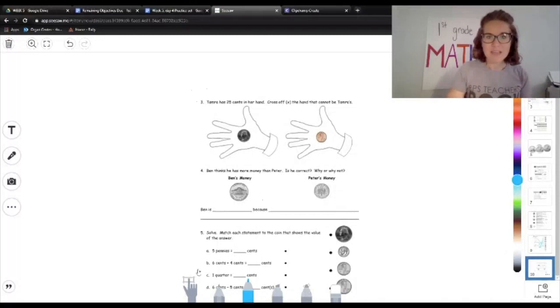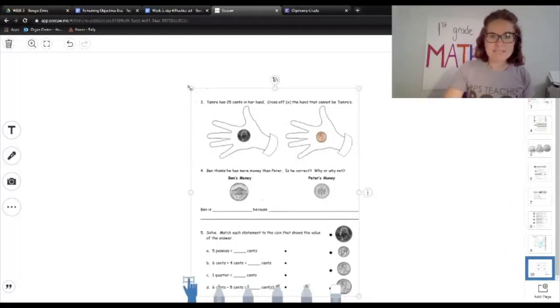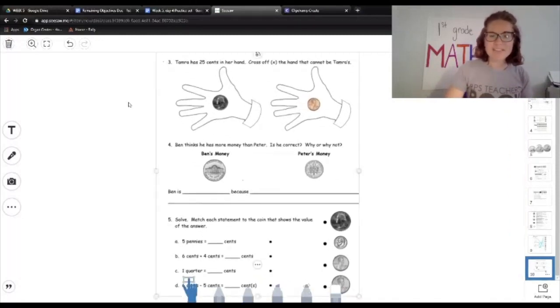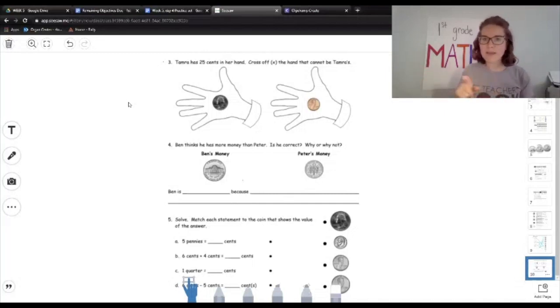Okay? Let's read these problems together. At the top it says, Tamara has 25 cents in her hand. Cross off the hand that cannot be Tamara's. So let's see, we're looking for the hand that's holding 25 cents. I want you to point on your screen to the one that you think we should cross off.